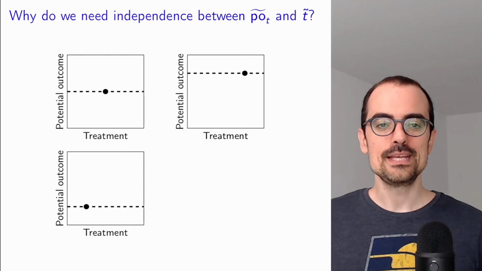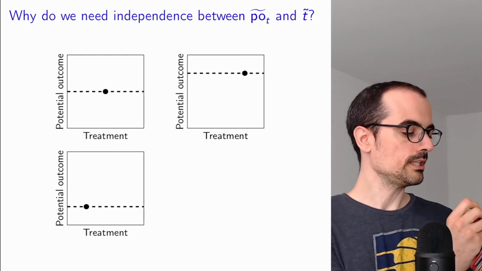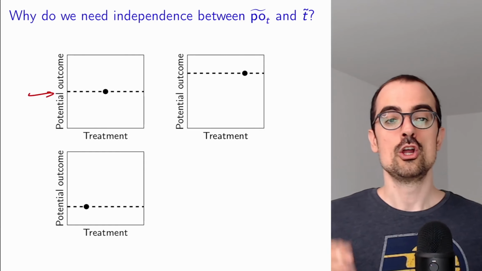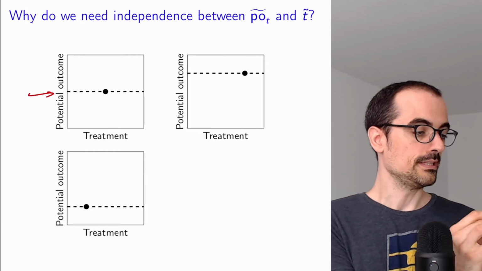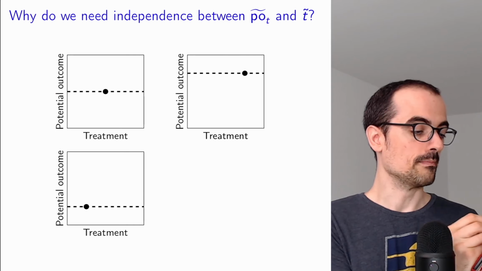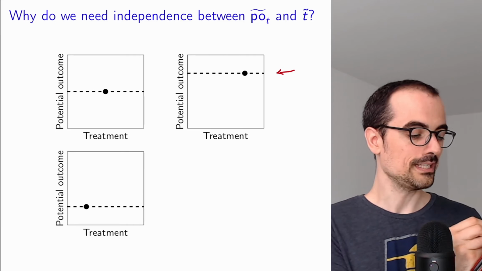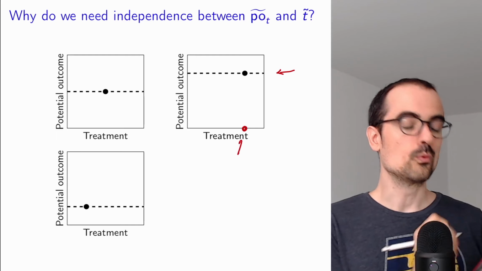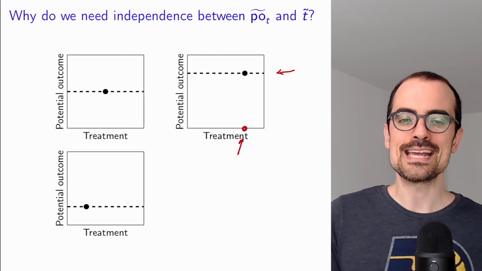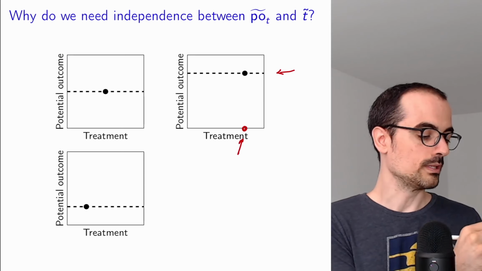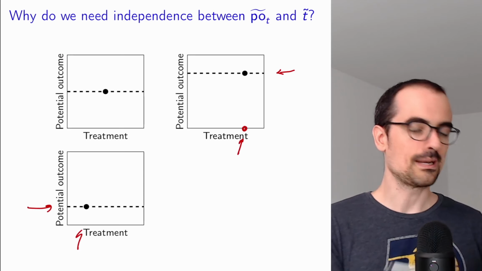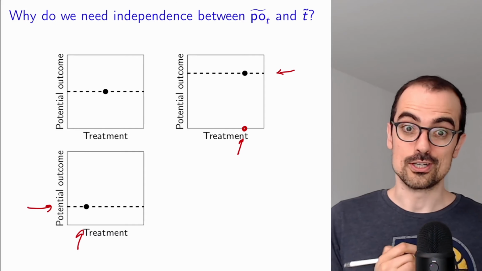Well, independence means that we don't choose the treatment according to the potential outcome. Look at this example. Here in this example, when the potential outcome is high, we apply a larger treatment. And when the potential outcome is low, we apply a smaller treatment.